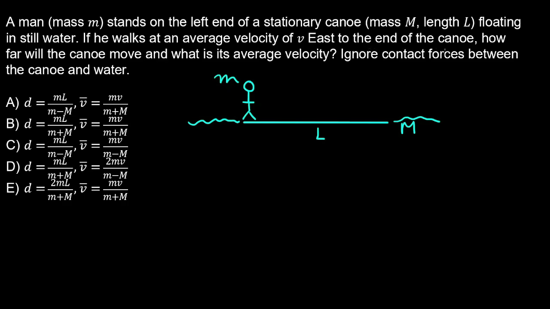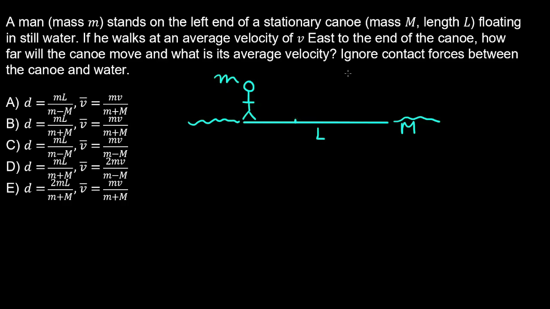And we can ignore contact forces between the canoe and water. So we know the center of mass of the canoe does not move because the system, being the person and the canoe, is not subjected to any horizontal external force, given we're ignoring contact forces between the canoe and water.